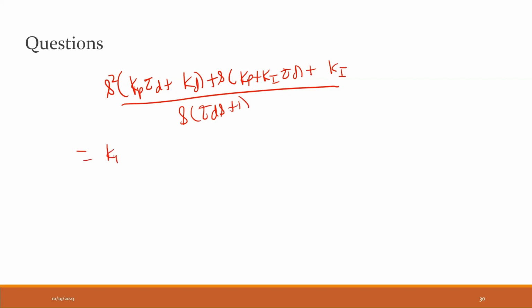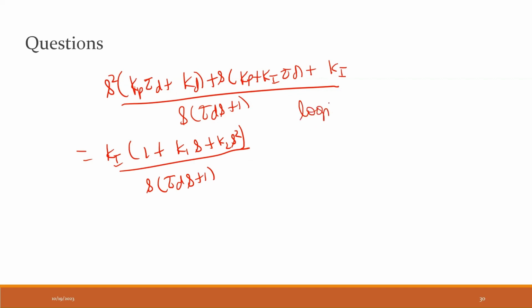So that comes out to be KI into 1 plus K1S plus K2S square into S into tau d S plus 1.